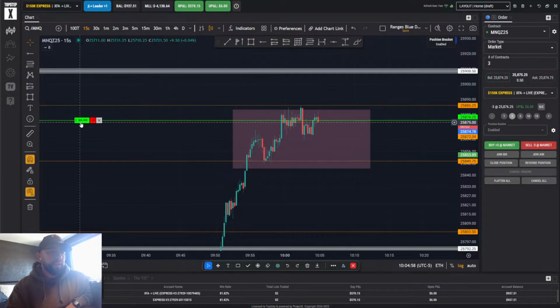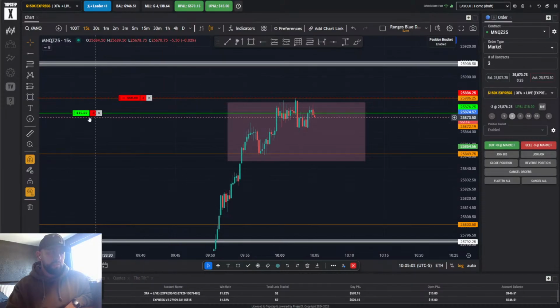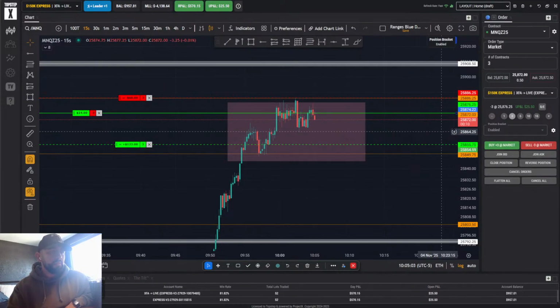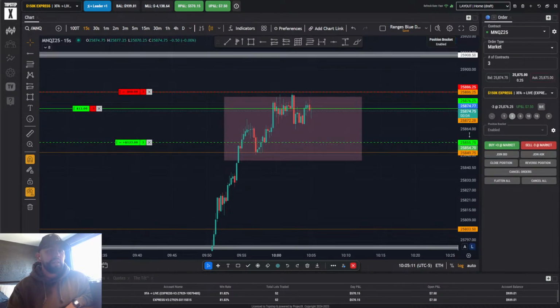Order filled. I'm going to go short here again. Risk 60. I like that we put in the lower high here. I want to see at least probably 50 get touched.